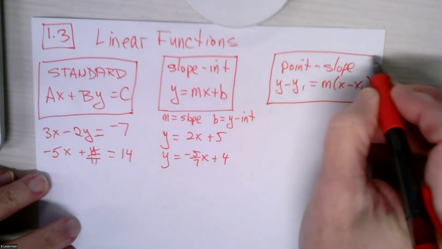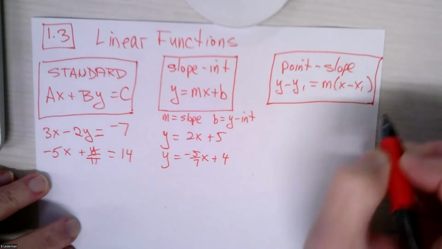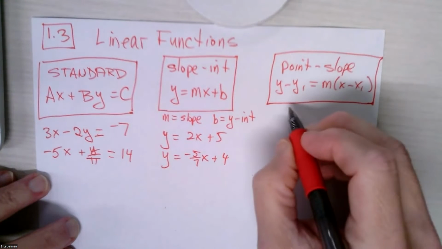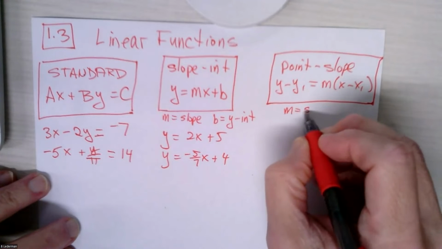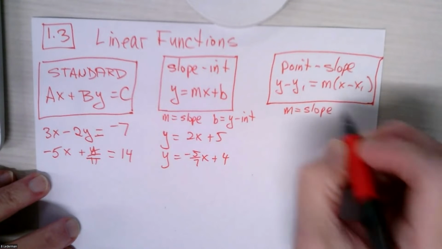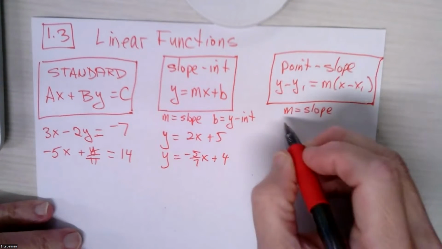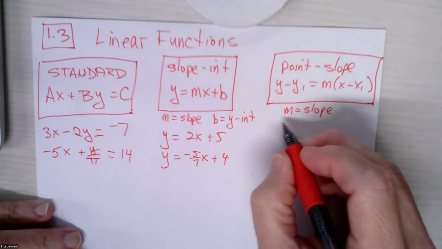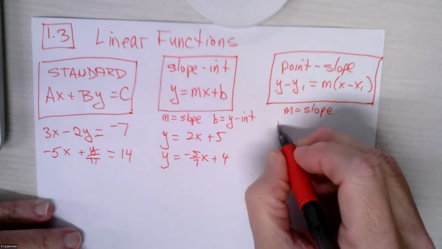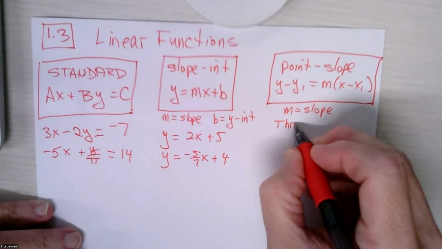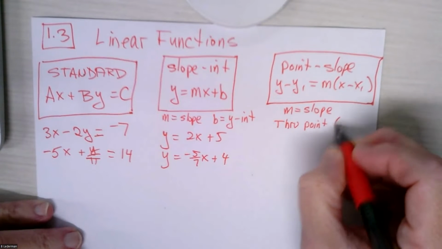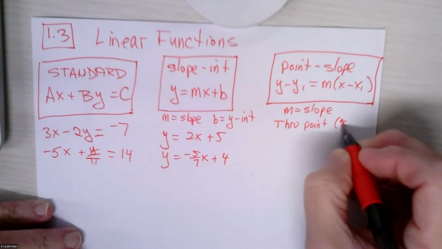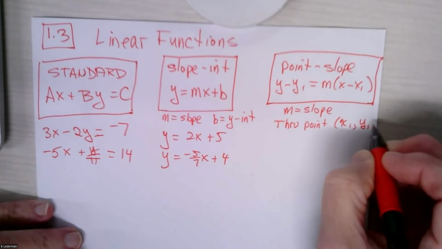So we just put it in this little box here. And m equals the slope again. M represents the slope. And this is a line that goes through the point x1 comma y1.